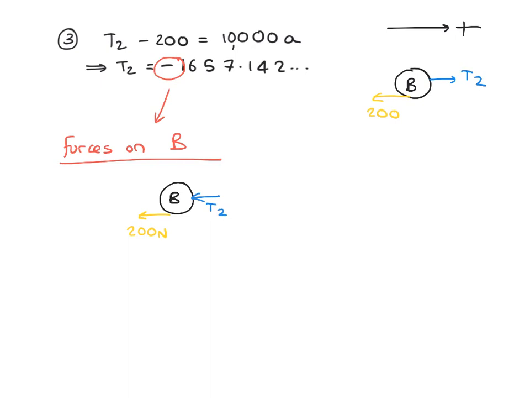Now, remember that B was connected to A like this with a tow bar. So here's the tow bar connected as a rigid rod.